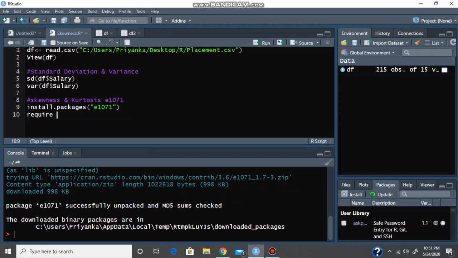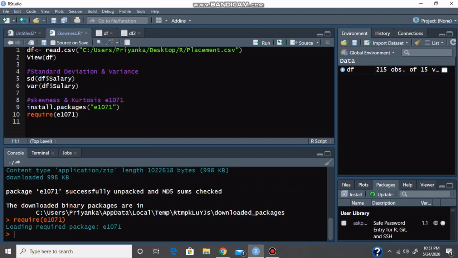Now I need to use the package, so I'll write the require function, and in the require I'll write E1071. This is how I load my package into the workspace. And yes, it has loaded my required package. Rather, it is saying that it is loading the required package E1071.